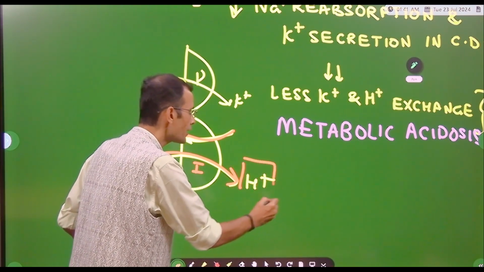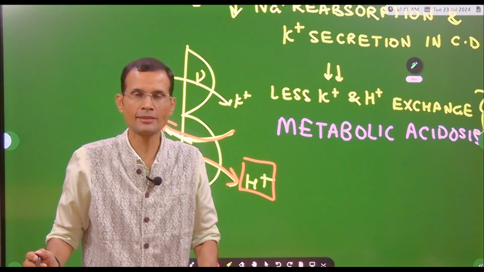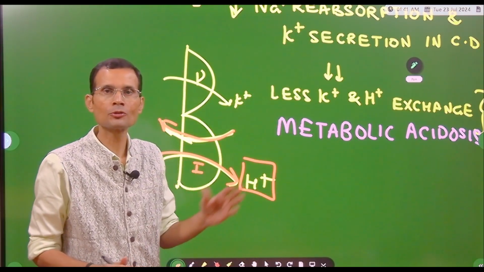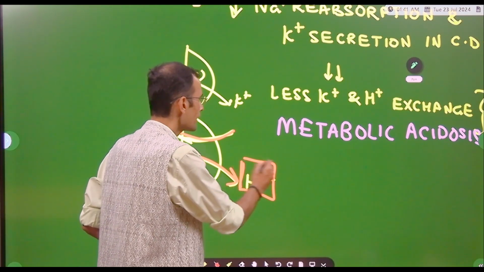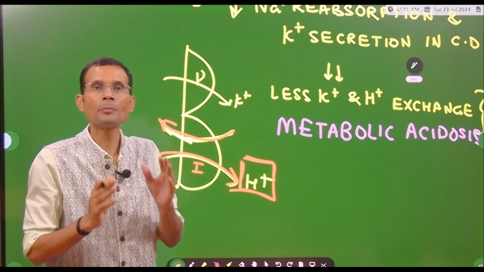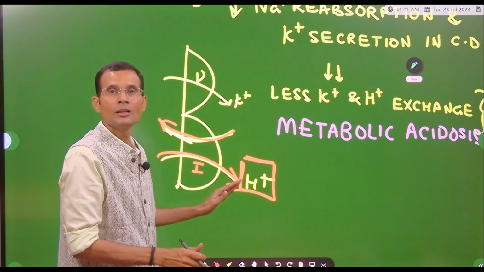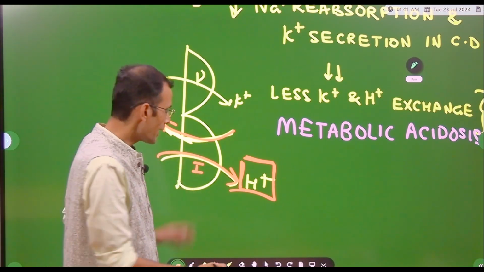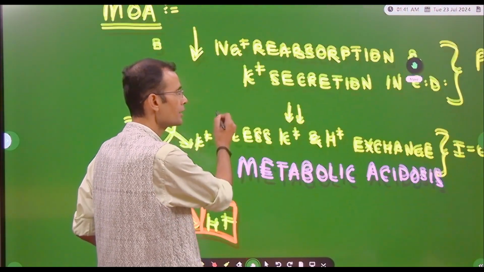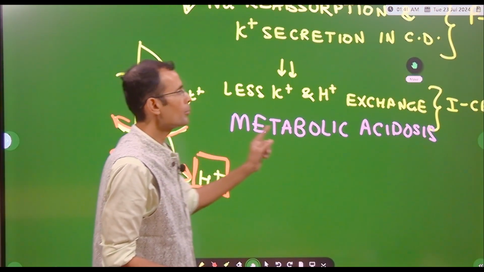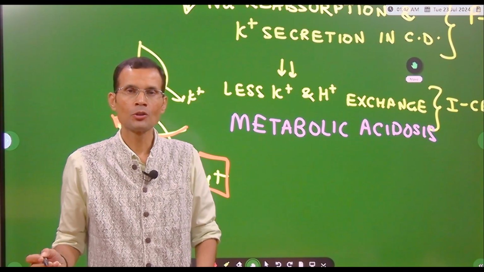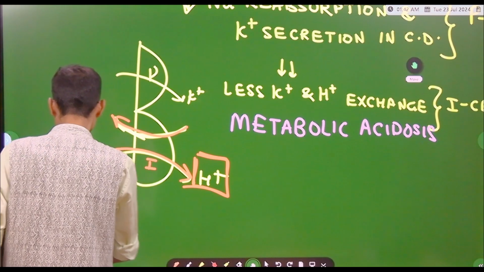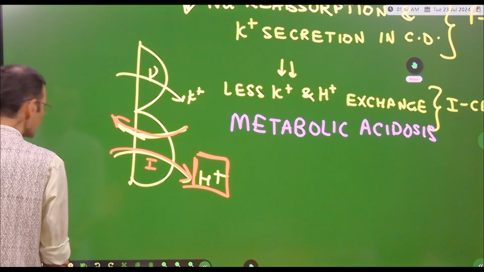So H+ secretion also is less by just blocking the ENaC or by just blocking the sodium reabsorption. That means H+ is retained in the plasma, in the body. H+ retained more and more in the plasma results in metabolic acidosis. So one important side effect of these diuretics is metabolic acidosis, H+ retention.